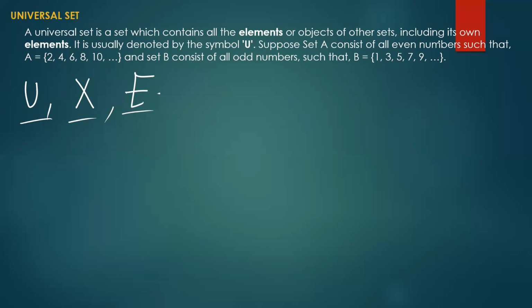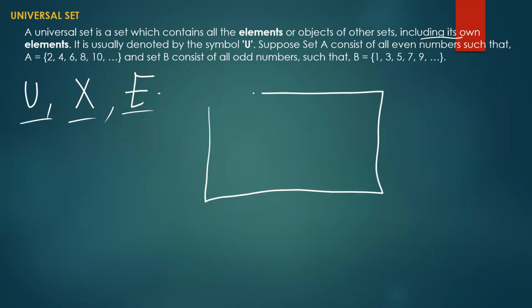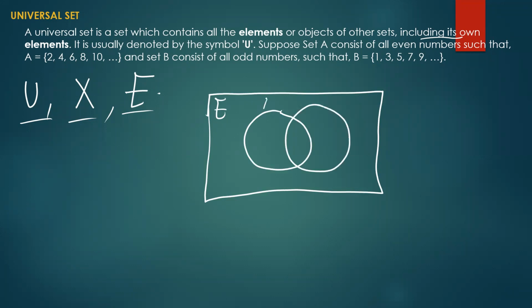This last part, which says including its own elements, simply means that if you have, let's say, a Venn diagram, and we're saying this is a universal set, and you have 2 sets there, set A and set B. In set A you have 1, 2, then the intersection 3, then 4, 5, and then you have 6, 7.